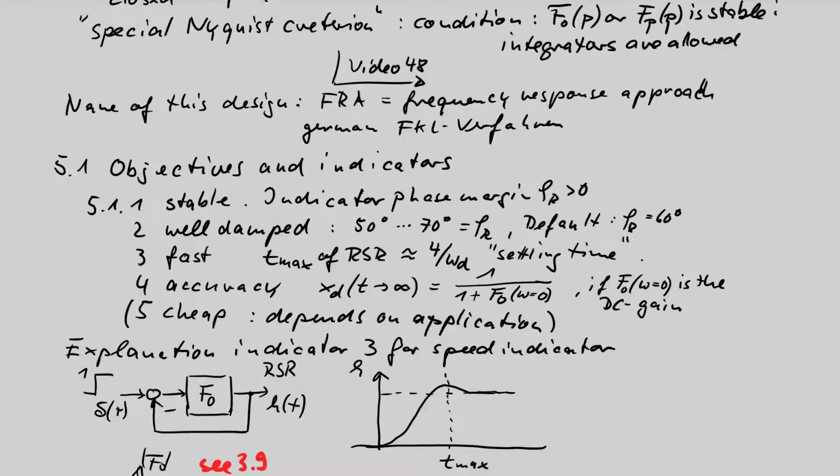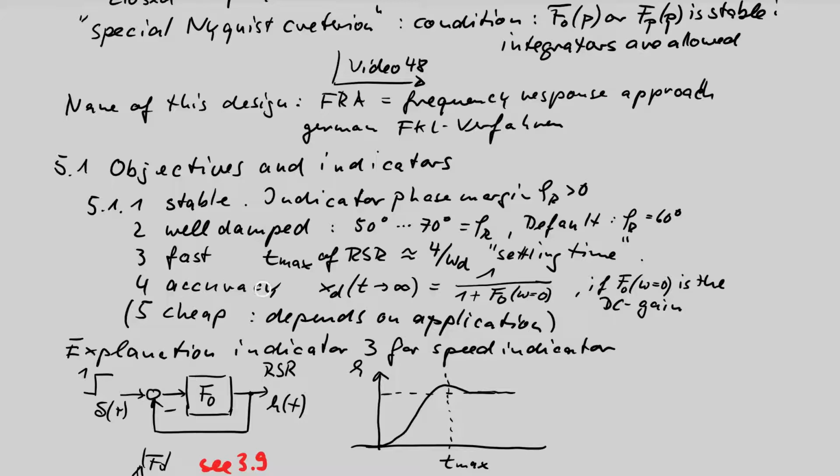The idea is I want to specify the user parameters and then calculate the relevant K's and T's of my controller. If I have only 1 degree of freedom, I want to select the most important of these parameters, and the most important is stability and damping. Sometimes you can accept slow working or inaccuracy.